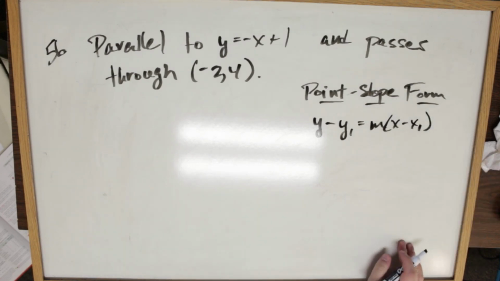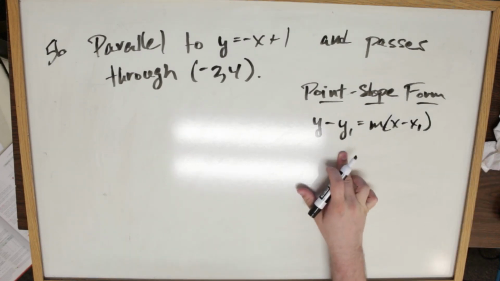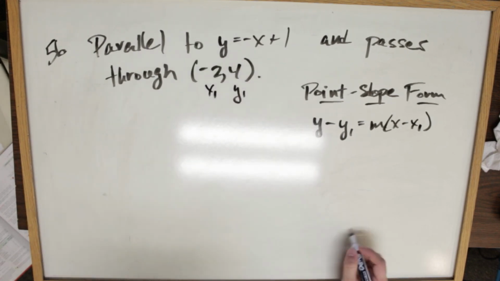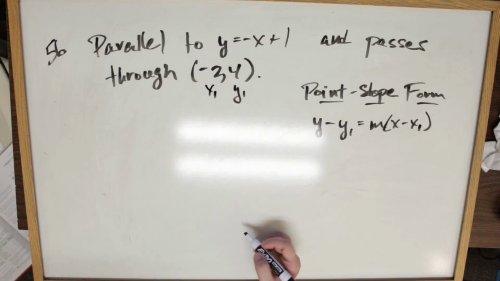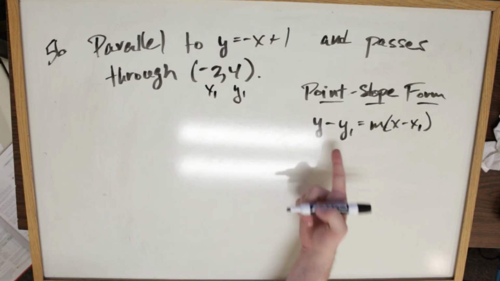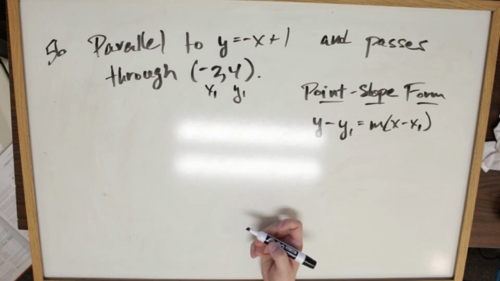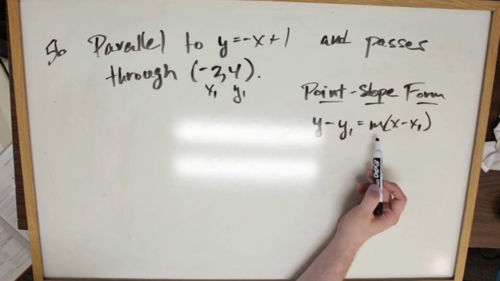So this is point-slope form. This is our x1, this is our y1. So what do we have? We just substitute these values into our equation. The question we have to ask ourselves is, what exactly is the slope going to be?